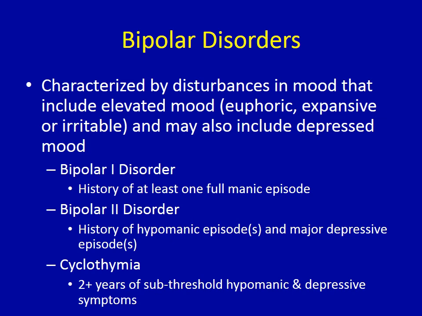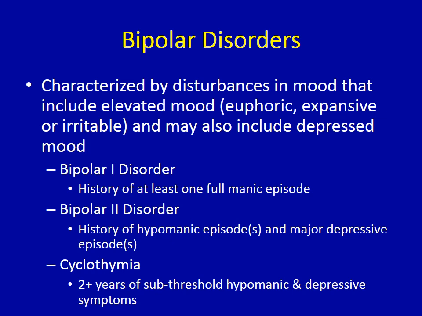So for bipolar 1 disorder, an individual is only required to have met criteria for one full episode of mania. An episode of depression is not required, although many individuals with bipolar disorder type 1 do also have a history of major depressive episodes. Bipolar 2 disorder, in contrast, a person needs to have a history of at least one episode of hypomania and at least one full episode of major depressive disorder.